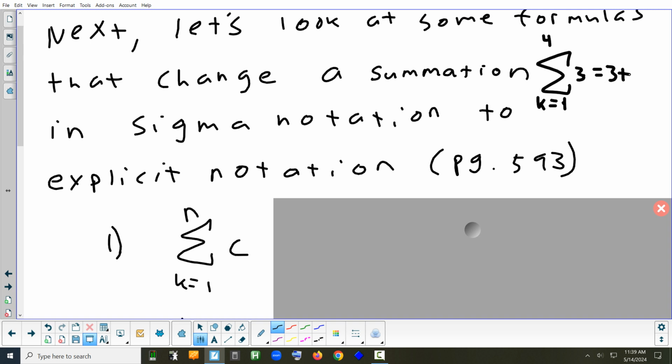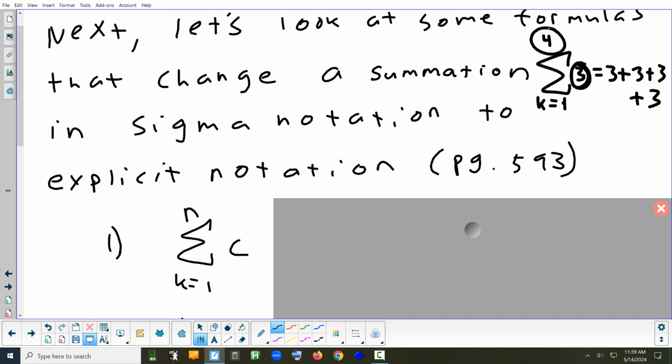What if you take 2 and plug it into that formula? 3. What if you take 3? 3. And what if you take 4? 3. So it's just going to be 3 times 4.